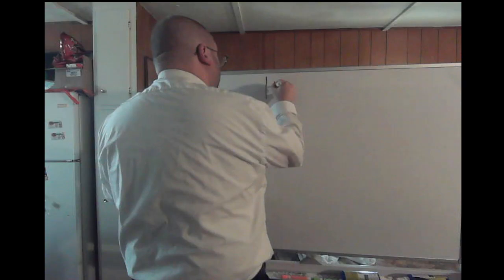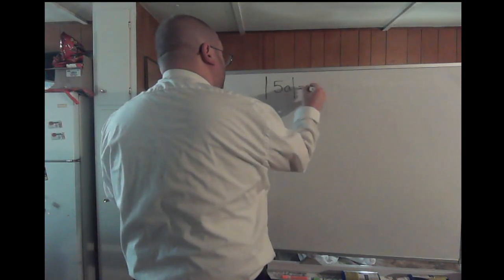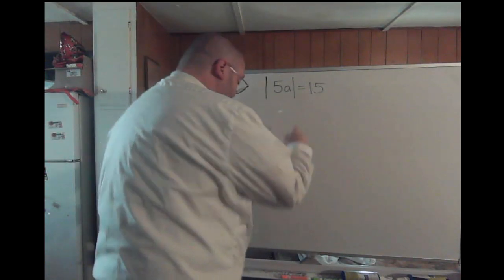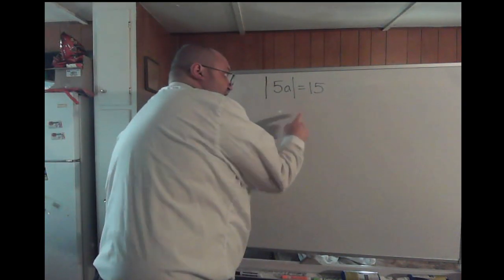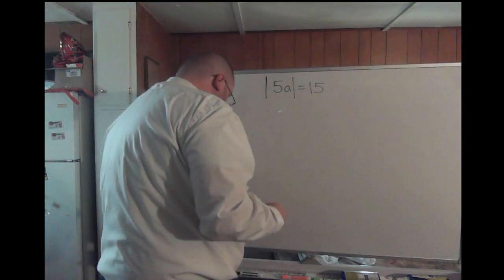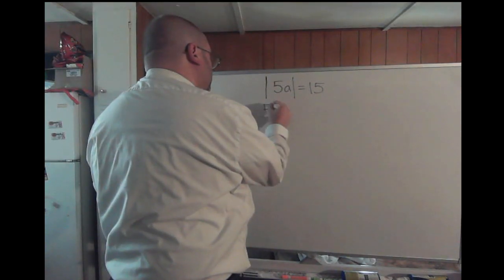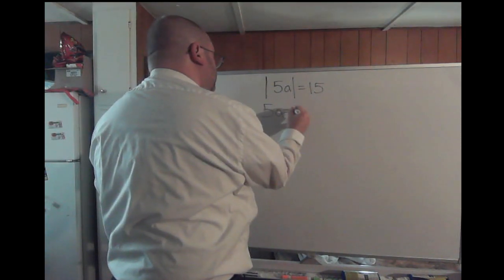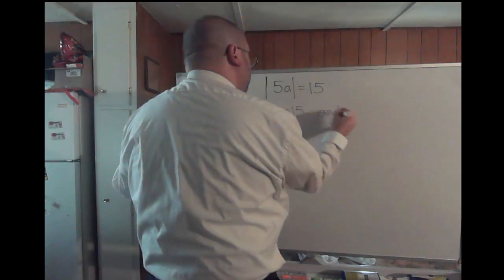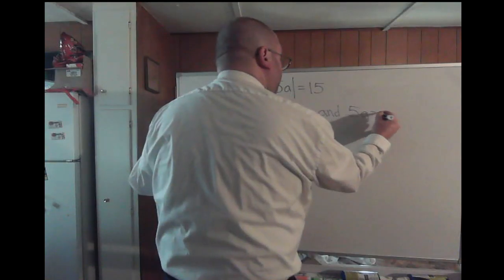What about the absolute value of 5a equals 15? So we have the absolute value of 5a equals 15. What we have to do is take that 5a and set it equal to 15, and then we'll also take that 5a, inside the absolute value, and set that equal to negative 15.